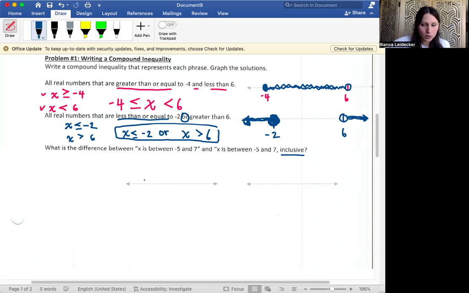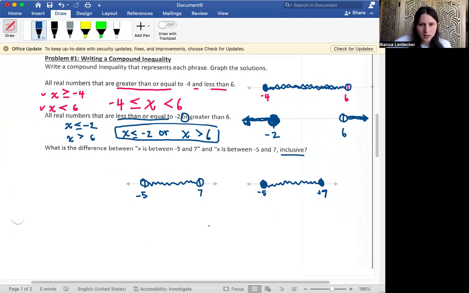It's not including -5 and 7. So the difference here is that one has an open bubble, and it would be in between. And then the other one would be a closed bubble, including 7 and -5.